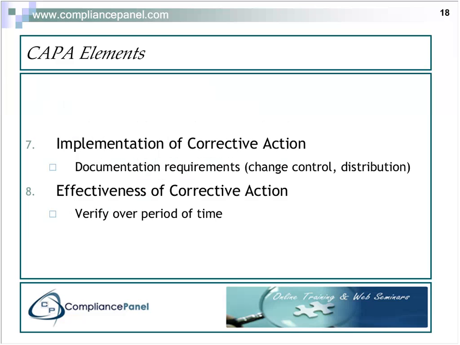And this is where your document control system comes in, because the implementation of corrective action is submitting the appropriate document change request to document control, along with any possible red line documents if you have that type of system. And then document control needs to submit an engineering change order and distribute the documents. So there are document control implications when it comes to implementation of CAPA.